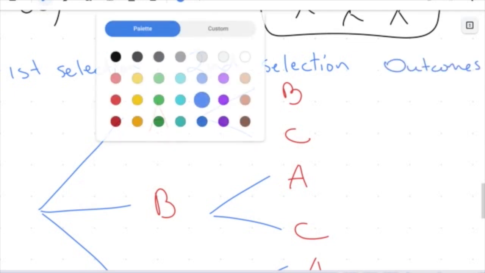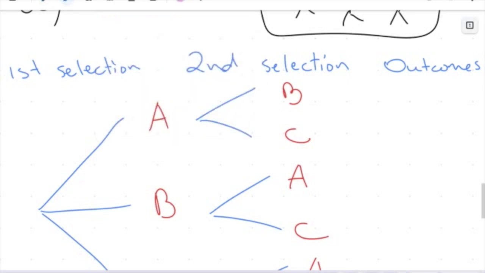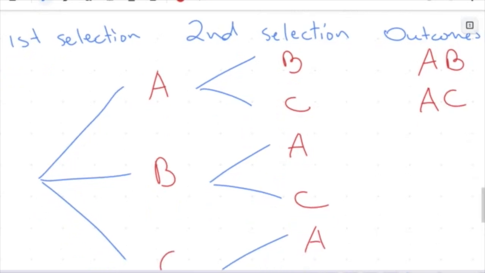So, our outcomes we get just by tracing along my tree to see what all the possibilities and combinations were. So my first possibility was selecting Anna first, then Brad second. So my first outcome is getting Anna and Brad out of the group of 3. Anna first, Brad second. The next outcome is getting Anna first, Chris second.